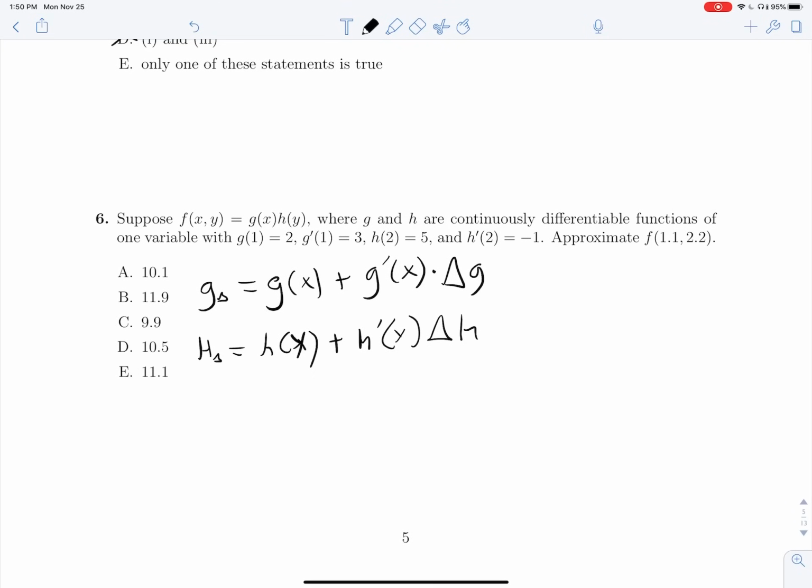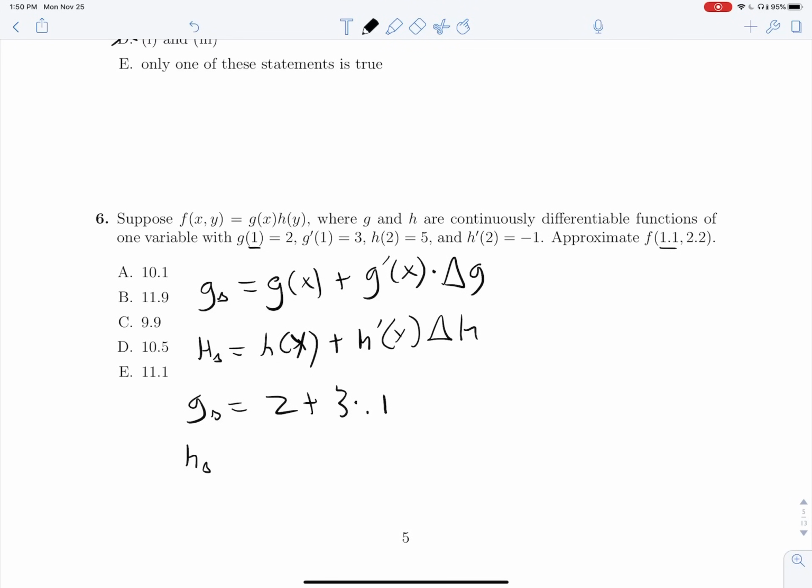So let's solve these. g little delta is going to be g of x, where x is 1, so g of 1 is 2, as they say, plus g prime of 1, which is 3, times our delta g. Well, we went from 1 to 1.1, so that's going to be 0.1.